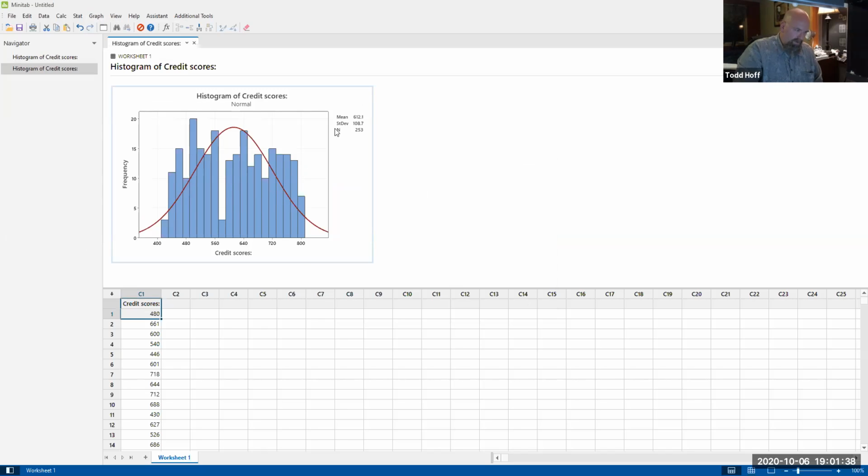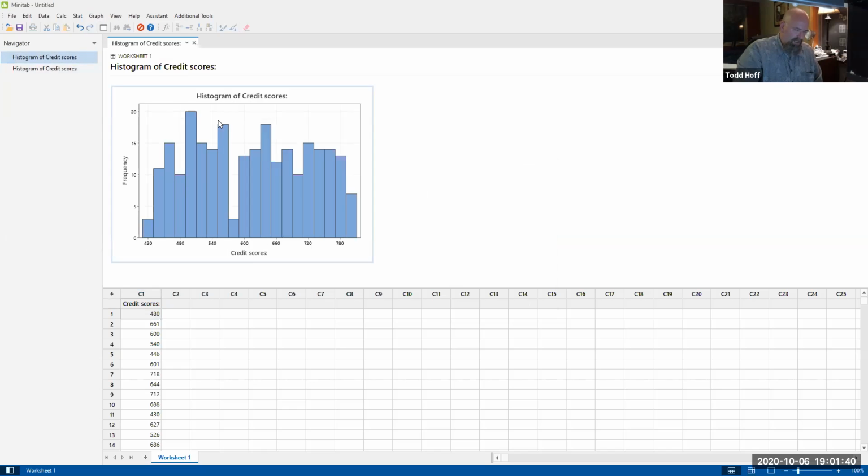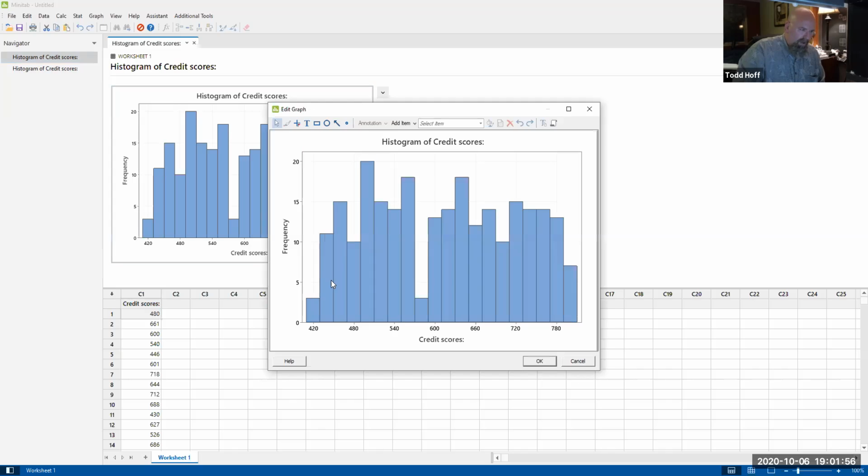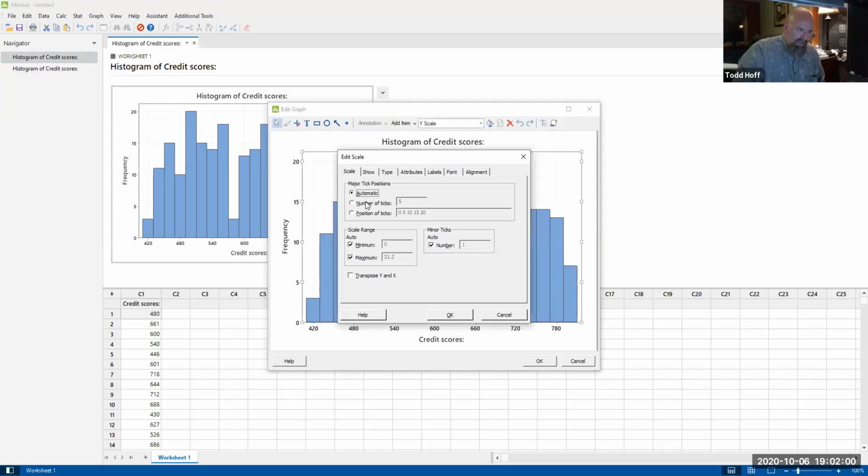I'm going to go back to this one here. If I wanted a relative frequency rather than the raw, this is the raw frequency. This is telling me that between 470 to 490, there were 20 people, 20 values. I'll open the graph. I'm going to right click on this axis here and do edit Y scale. I can go to type, and instead of frequency, I can have it show just percent.